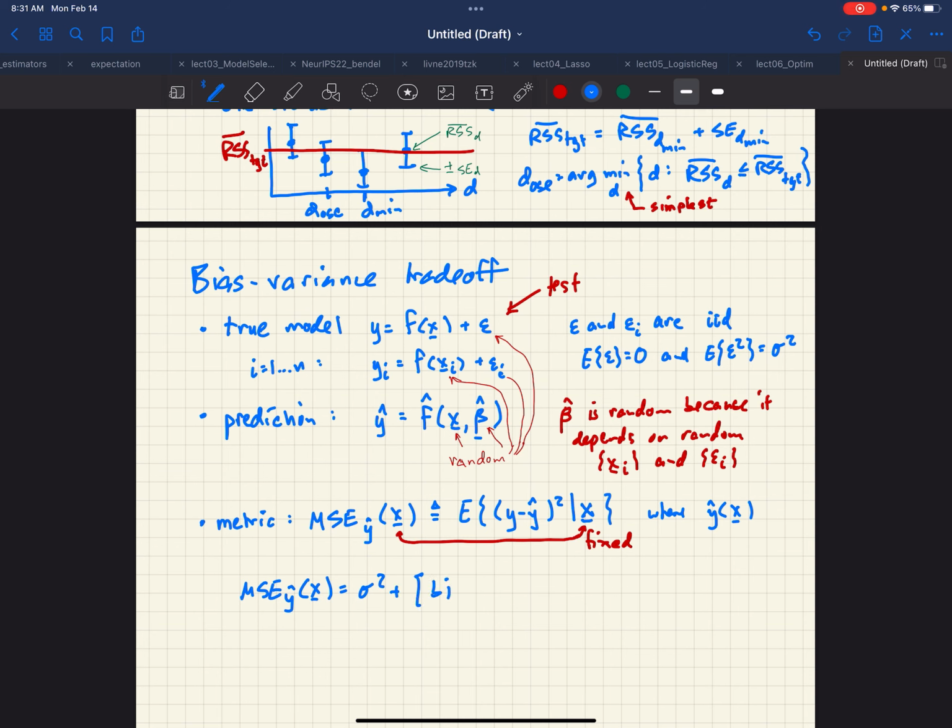We find that the squared bias tends to decrease, and the variance tends to increase. And the mean squared error is the sum of those two things plus the irreducible error.